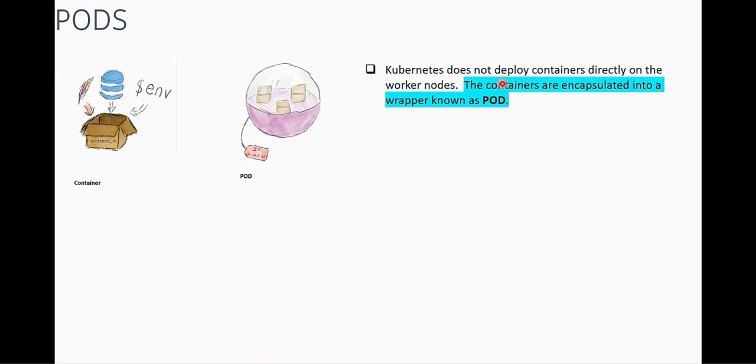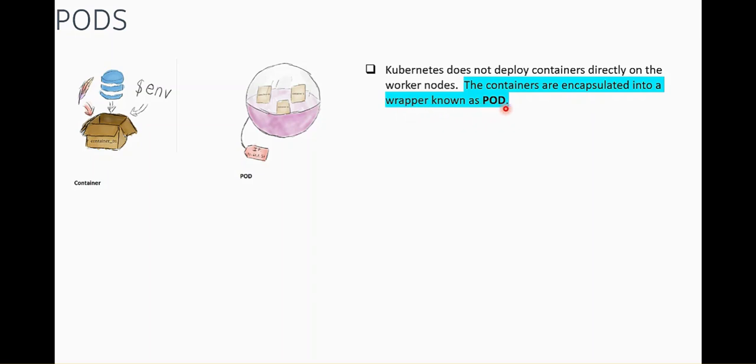As we have understood earlier also, if this is a container, then this is a pod. Kubernetes does not deploy containers directly on the worker nodes. The containers are encapsulated first into a wrapper, which is known as a pod.